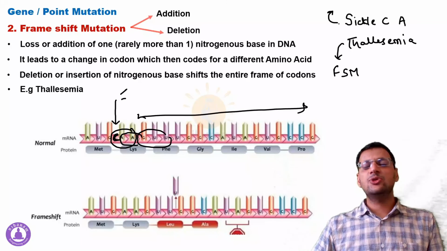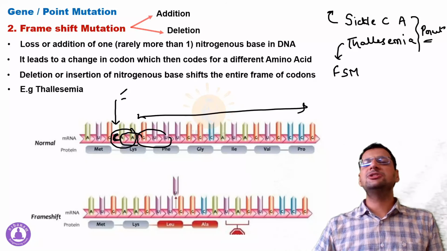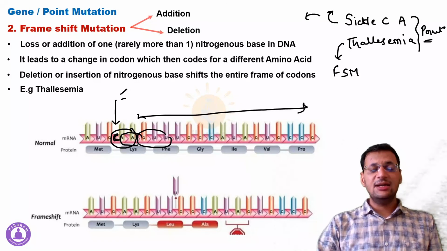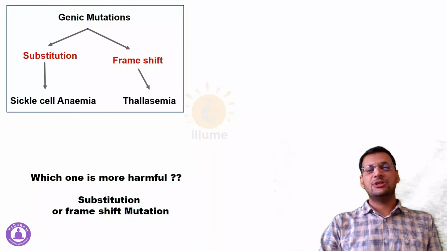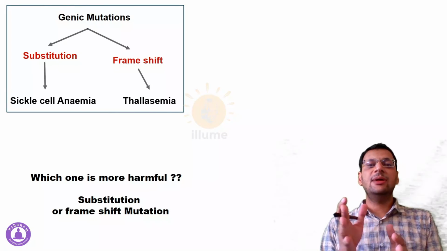Sickle cell anemia, see, both of them are point mutations, don't get confused. Sickle cell anemia is a substitution mutation and thalassemia is a frame shift mutation. So this is the difference between the cause of sickle cell anemia and thalassemia.